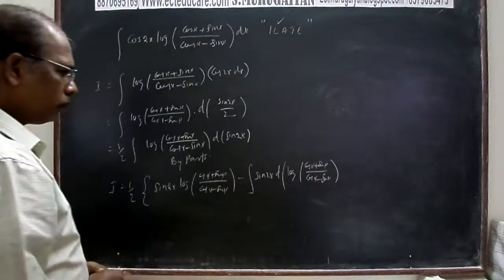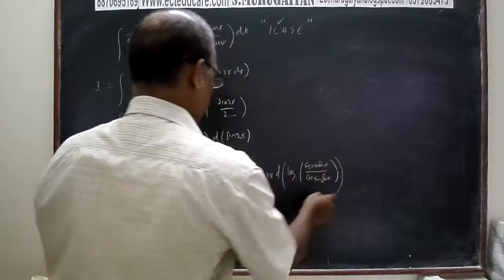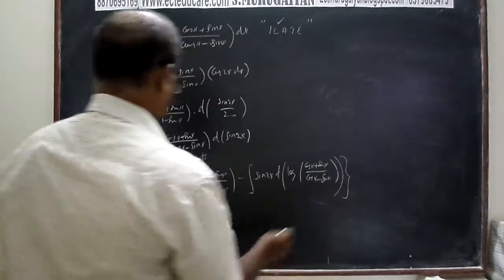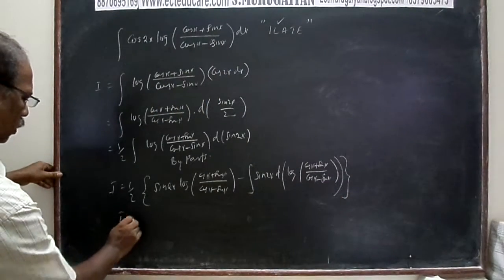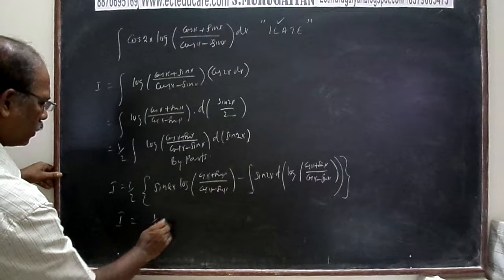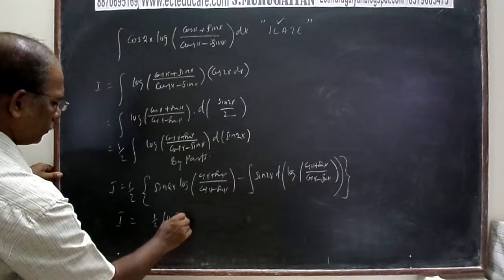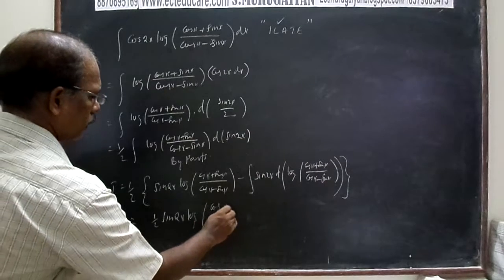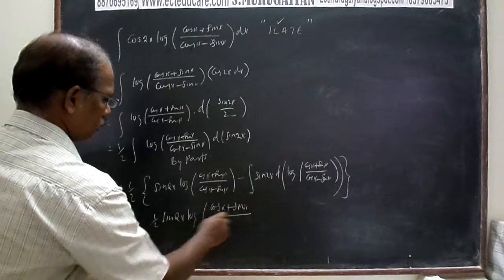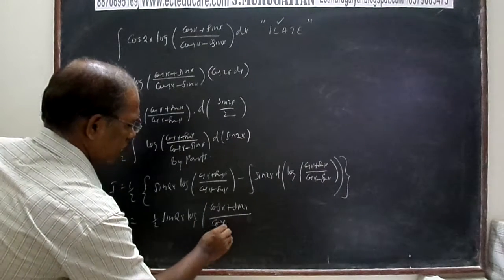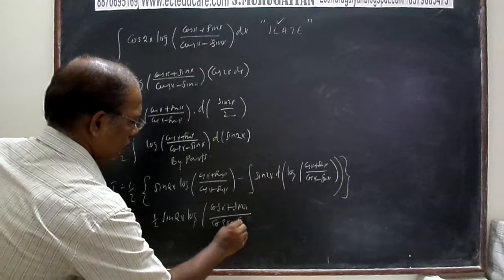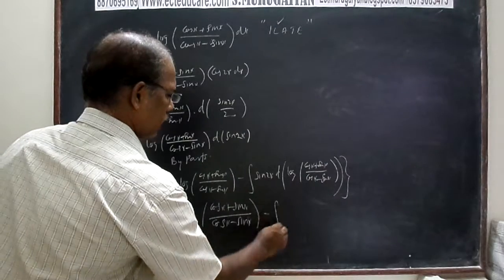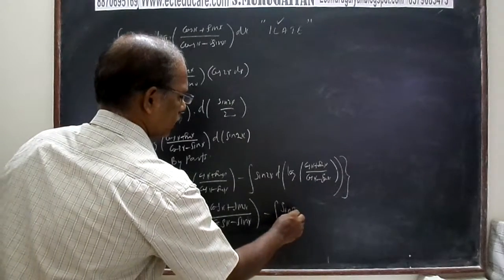Okay. Then we can separate: I equals 1 by 2 sin 2x log of (cos x plus sin x) divided by (cos x minus sin x), then minus integral of sin 2x.